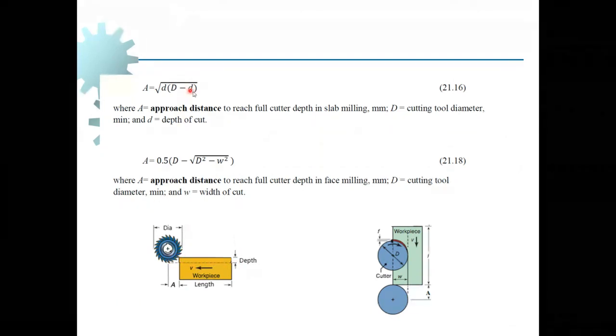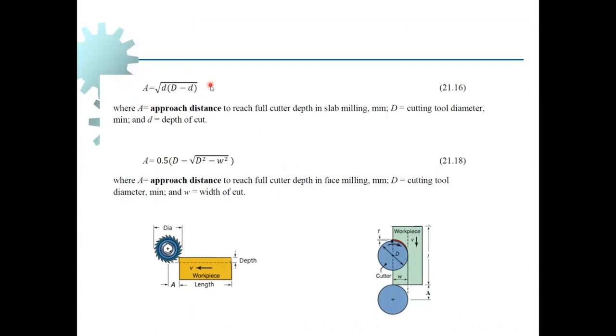If this is the case, then the amount of allowance can be computed by making use of this equation, which depends on depth of cut, D, which is shown here, and the diameter of the cutting tool. If we have these two values at hand, then we can easily compute the value of allowance or extra distance to be traveled for milling operation in slab milling or peripheral milling.